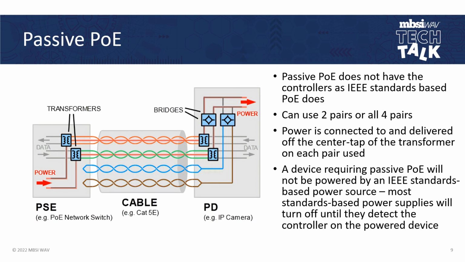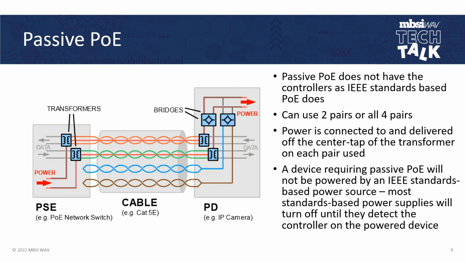You have to watch which pairs are positive, which pairs are negative, and whether it's using all 4 pairs or it can use 2 pairs for power. Typically, in the past, we've used 2 pairs for power, but as power requirements go up, we need to use all 4 pairs.